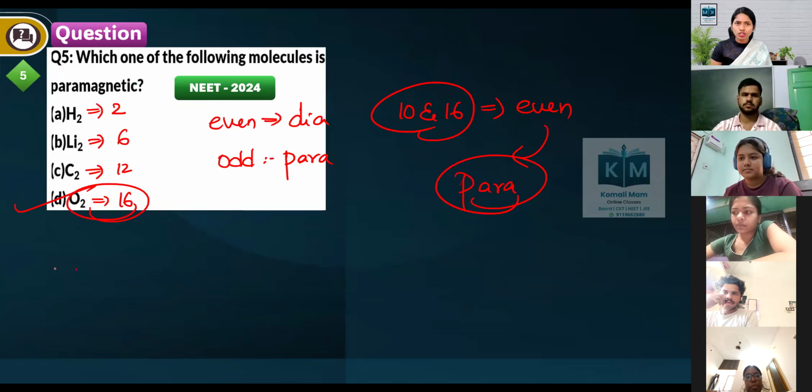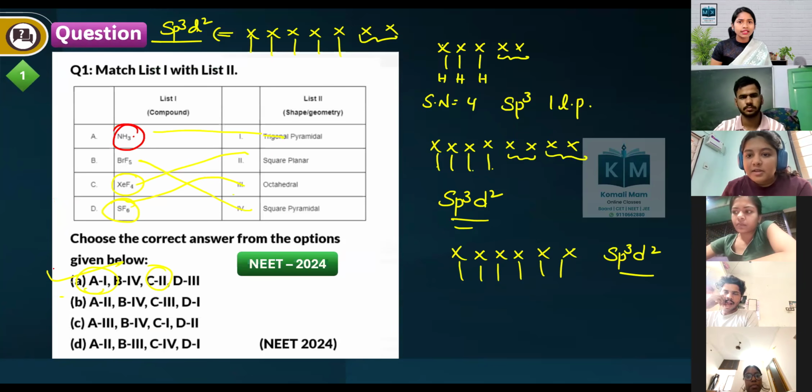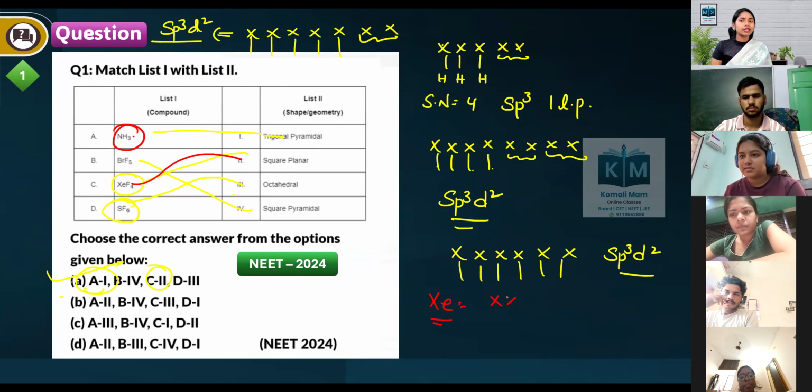You are asking about question number 1 now. Tell me how I did XeF4 as square planar. Xenon has 8 electrons: 1, 2, 3, 4, 5, 6, 7, 8. Each fluorine forms 1 bond.